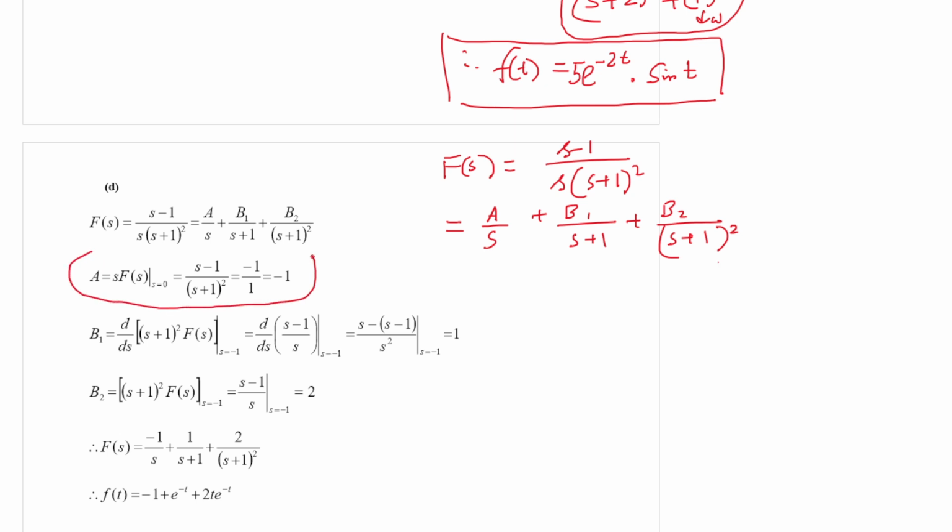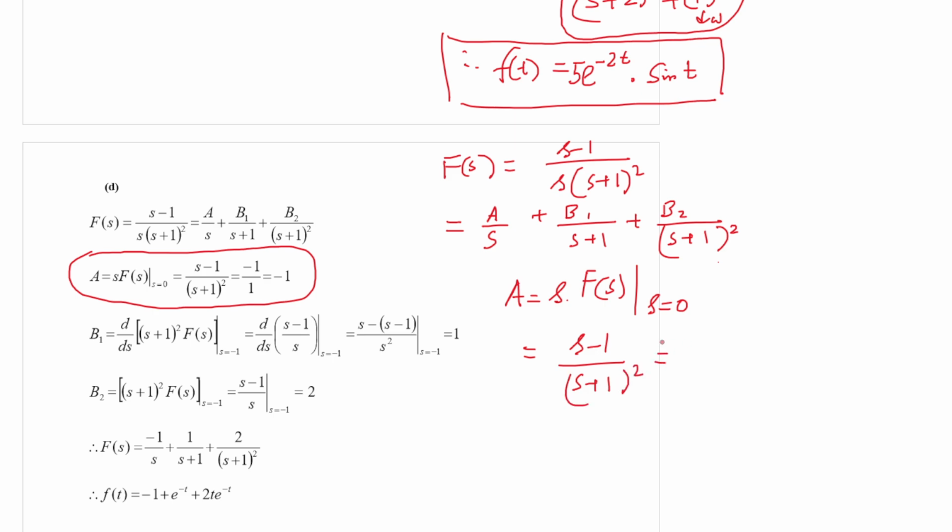What is a? A is s into Fs at s equal to 0. So what is s into Fs? What is Fs? Fs is this. If you multiply this s with Fs, it will be simply s minus 1 divided by s plus 1 whole square.